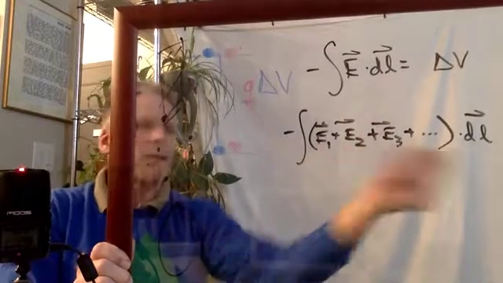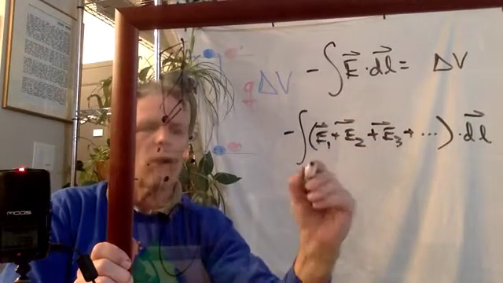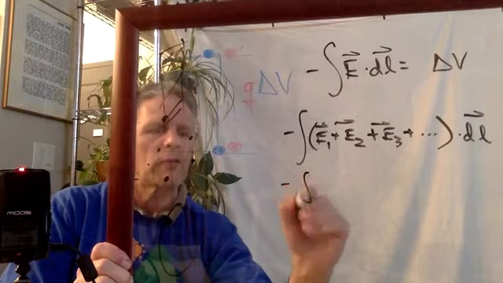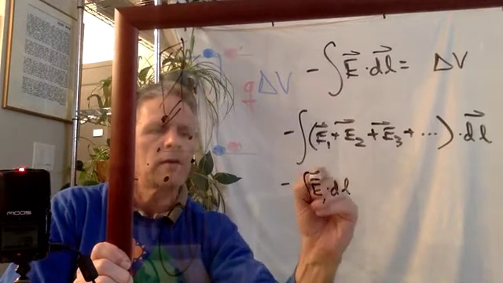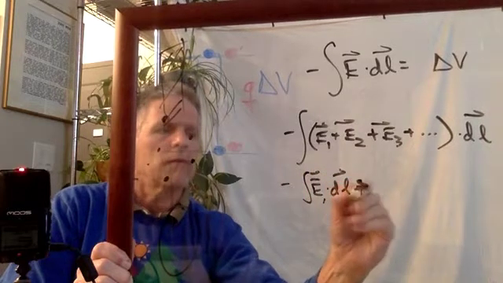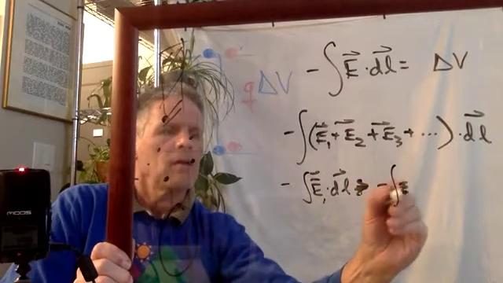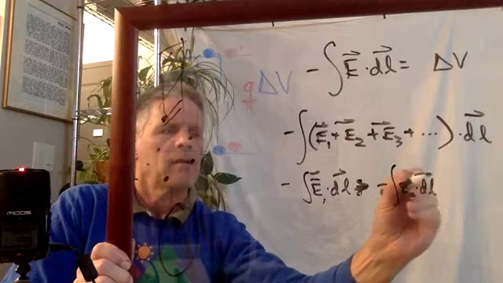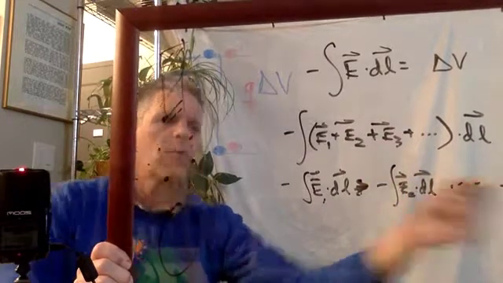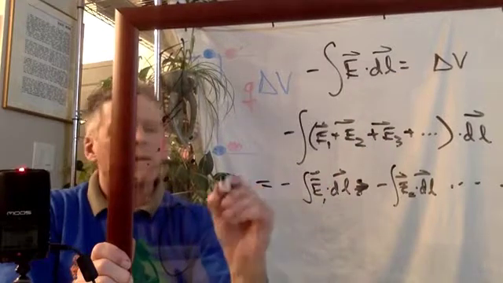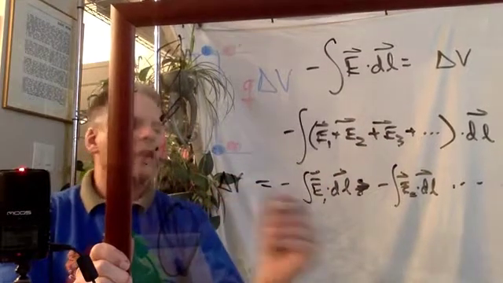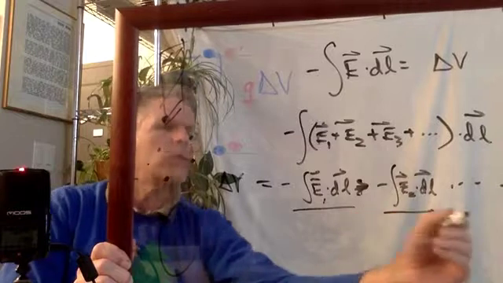And because this is just a simple dot product, what this really means is minus E1 dot dl plus minus E2 dot dl, and so on. Okay, so our delta V is just going to equal the sum of all these individual things.